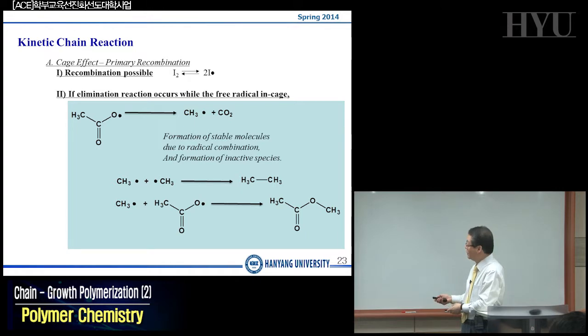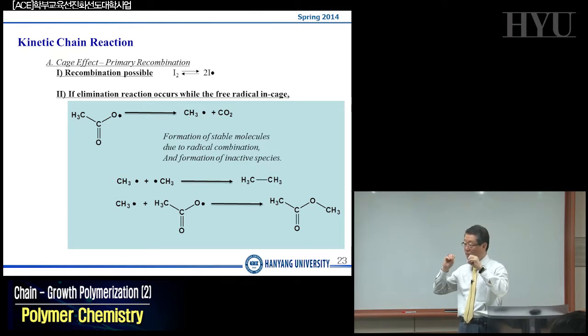And in this case, you have a dead space, and although you have two radicals in the reaction site, two radicals are becoming dead end species, rather than attacking the monomer.